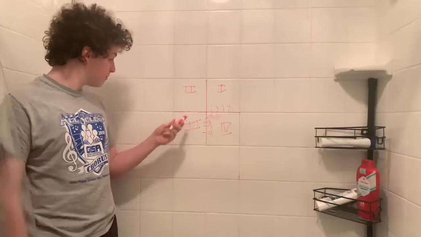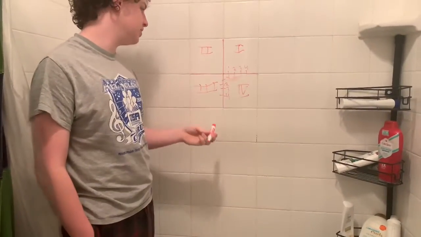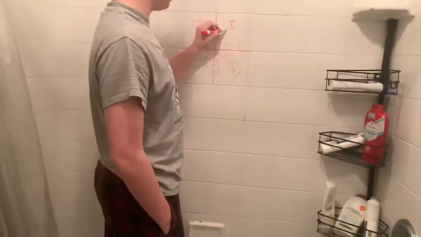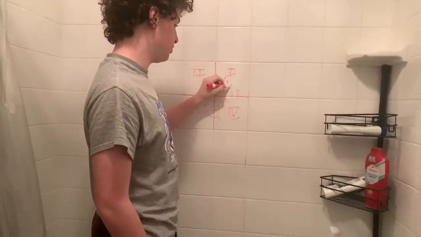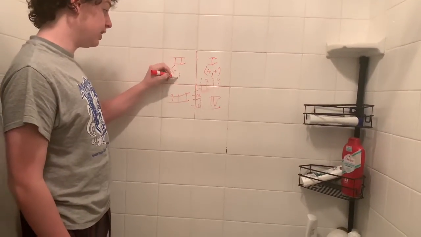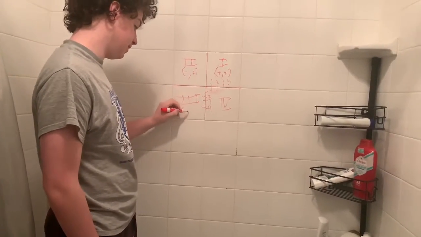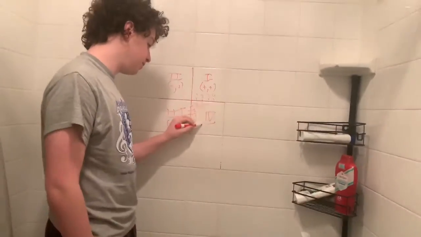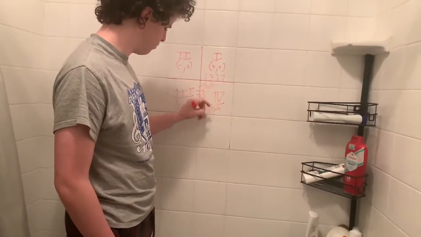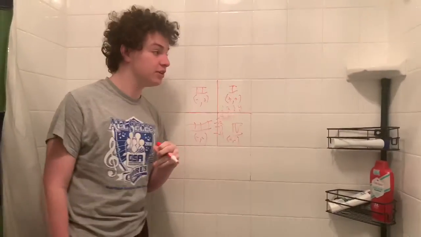So for quadrants, you need to know that quadrant 1 is always a positive and a positive. Quadrant 2 is a negative and a positive. Quadrant 3 is a negative and a negative. And quadrant 4 is a positive and a negative. But I wrote 4 for some reason.